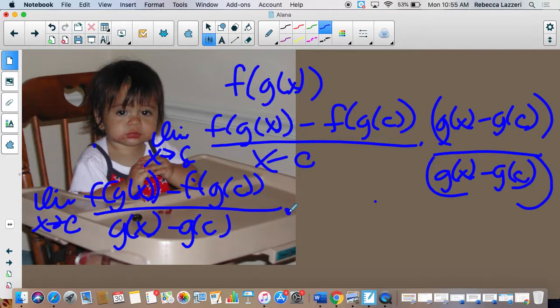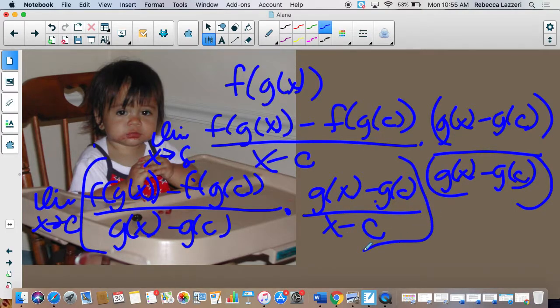And I'm just going to switch these two, which I can do because it's multiplied on the bottom. And this is g of x minus g of c over x minus c. Now we've got these very permissive limits that we don't have the luxury of probably ever again. Well, it'll come up with sigma also. But I can just do this limit and that limit as x approaches c.